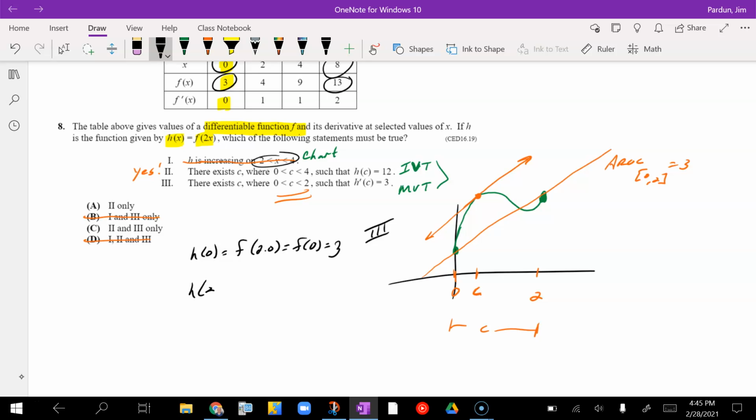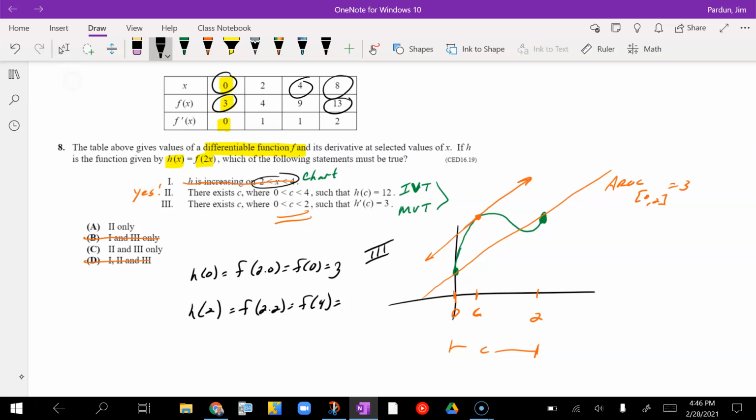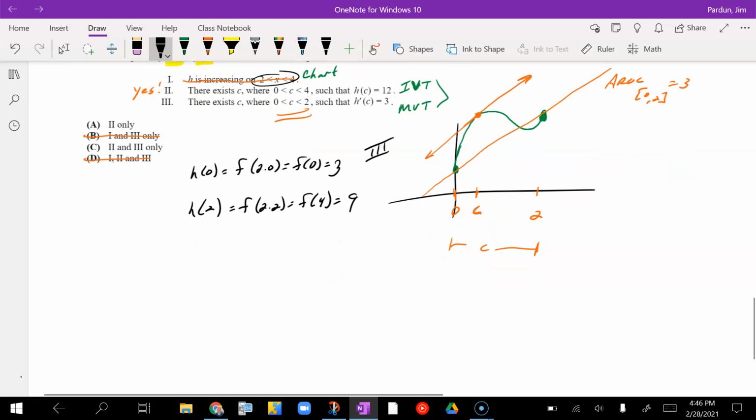And h of 2 is going to be f of 2 times 2, which is f of 4, and f of 4 is equal to 9. Now I have to show that for h of x, the average rate of change on the interval from 0 to 2 is 3. Then the mean value theorem is at work here. If it's not 3, then the mean value theorem is not at work.